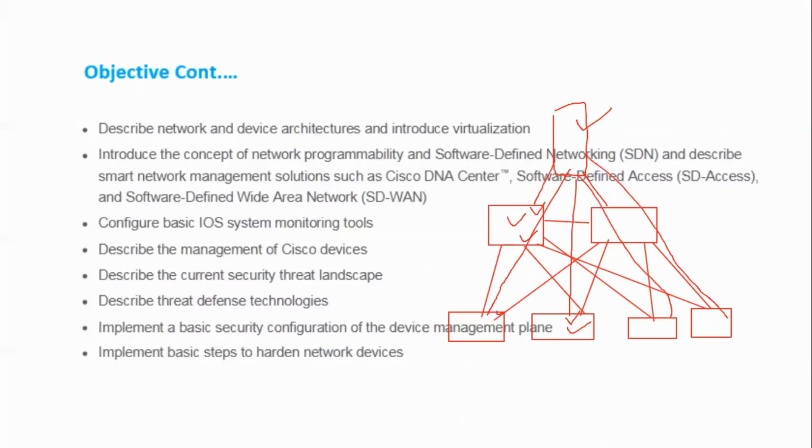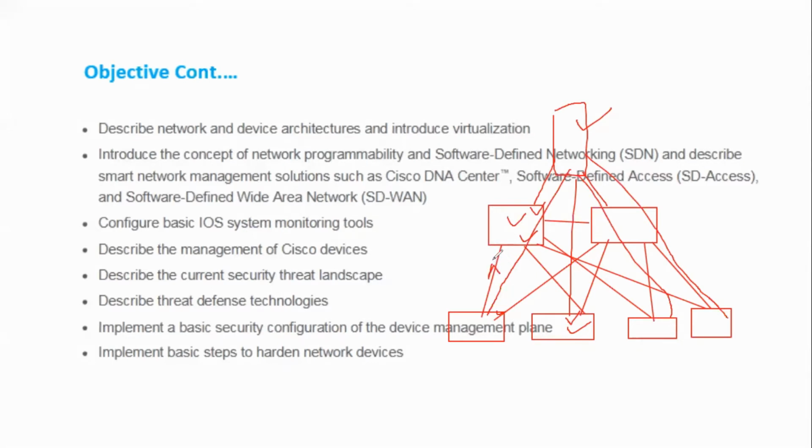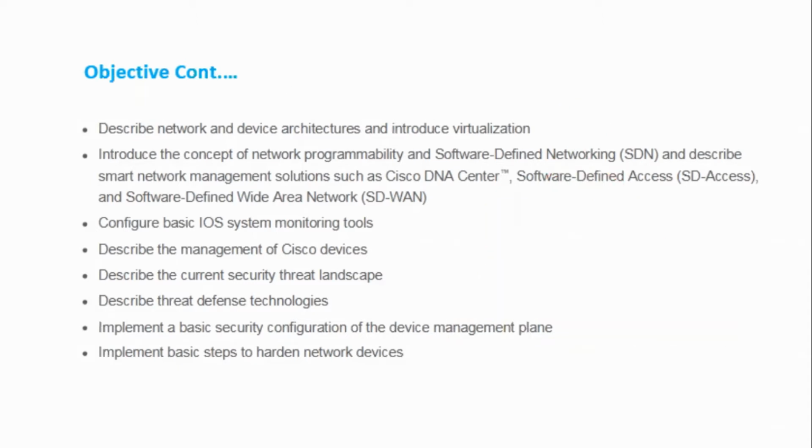And suppose this switch is sending data in this direction, but somehow this link fails. The controller detects it proactively, and when it detects any congestion here, it transfers data this way, so that data is not lost. There will be no downtime. So this is something with software defined networking. There is one more thing, SD-WAN, software defined wide area network.